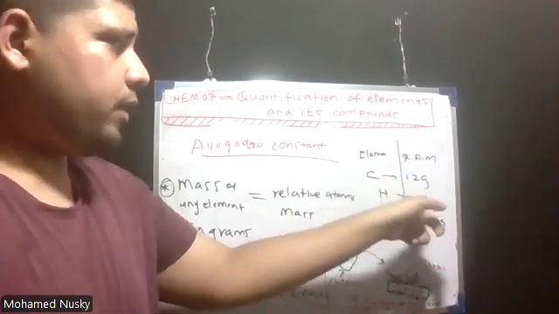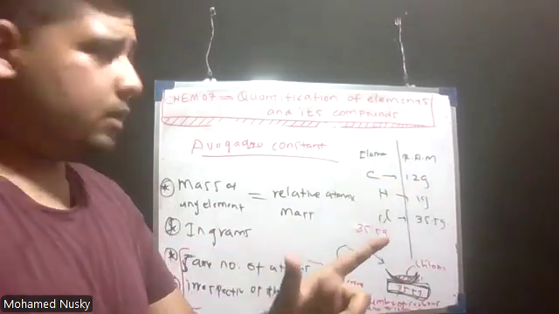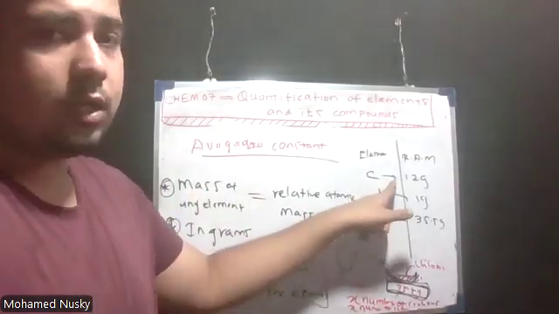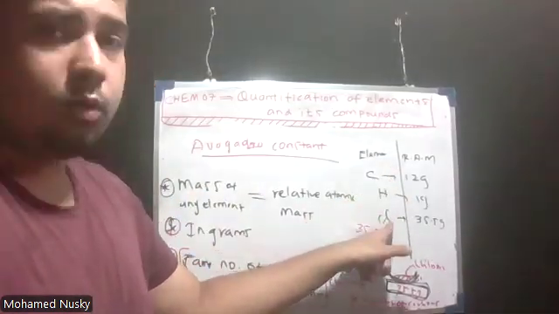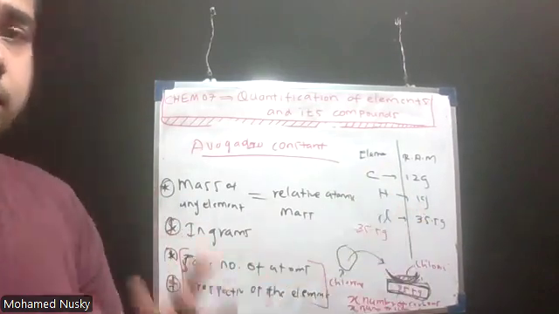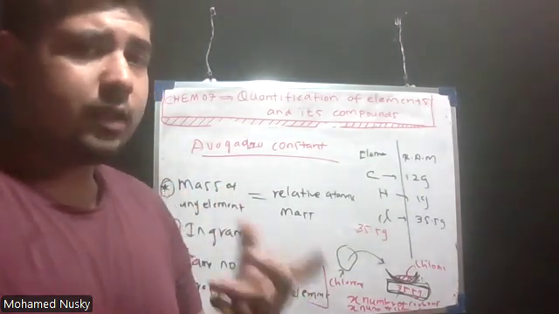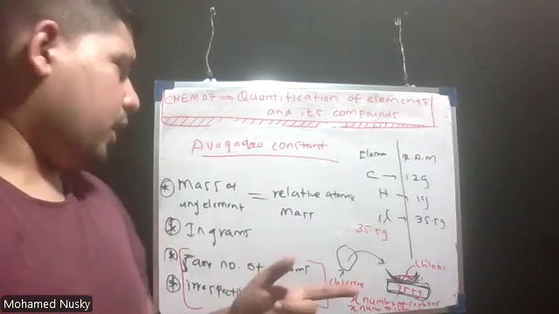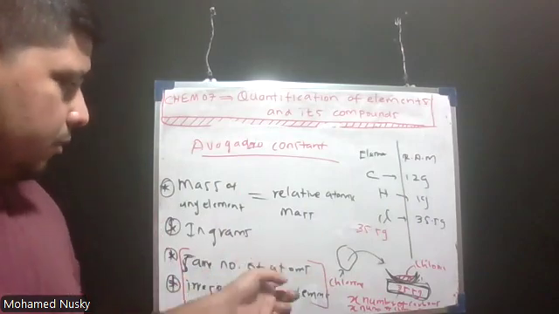For hydrogen, there will be the same value X. If I take 35.5 grams of chlorine, there will be that same number of chlorine atoms. I'm going to tell you that value.